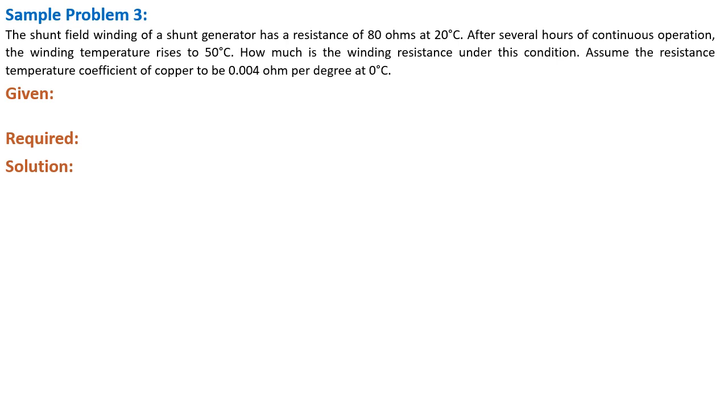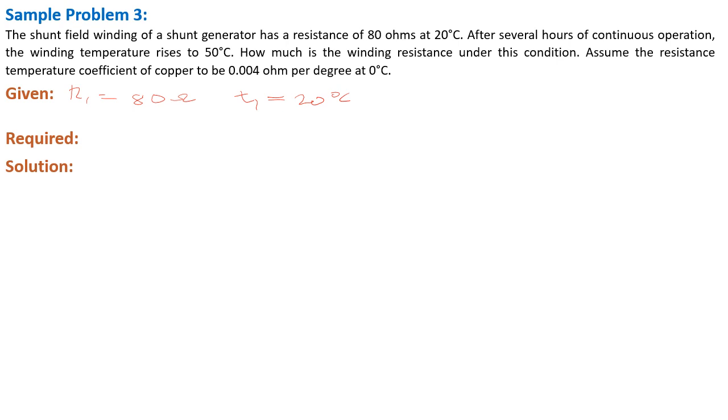Right? Now, what we have here, as I have always said, is that whenever you have resistance and temperature given, assume these are R1. In this case your R1 is equal to 80 ohms, right? And your T1, the corresponding temperature, is 20 degrees Celsius, okay?